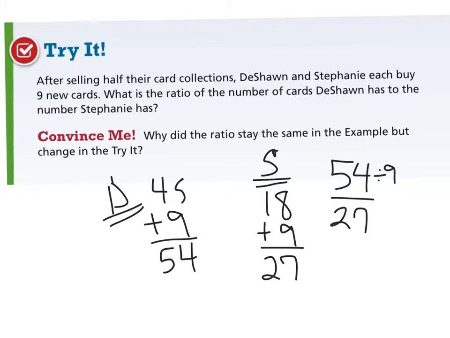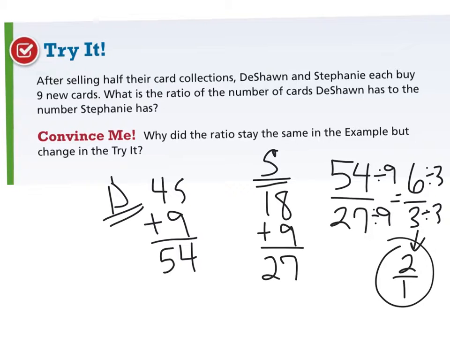You might notice you can reduce both of those by 9, which would get us down to 6/3. And then both of those are divisible by 3, which would get us to 2/1. So the ratio there is 2/1. Remember, with a ratio, we want to have 2 numbers, so make sure you put it as 2/1, not just 2.